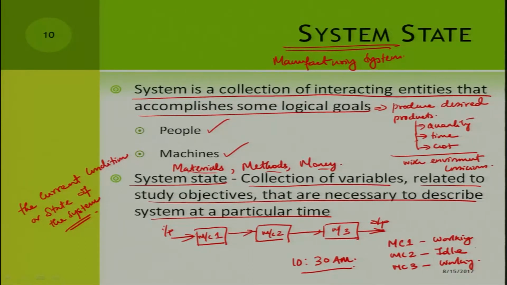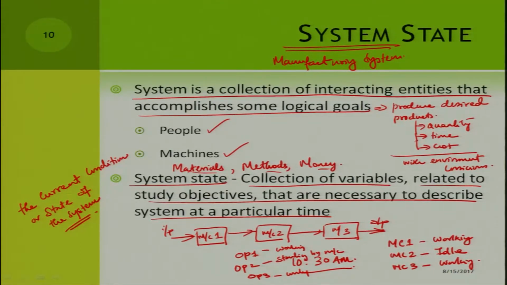Why is it not doing anything? Machine 2 could have broken down, it could be going through preventive maintenance, or it is waiting for a part, or the operator has gone for a bio break. There could be so many other aspects of it. So then you need another variable called operator status: operator 1, operator 2, operator 3. So when you say operator 1 working, operator 2 standing by the machine, operator 3 working, then the operator 2 is right by the machine, and the machine is still idle.